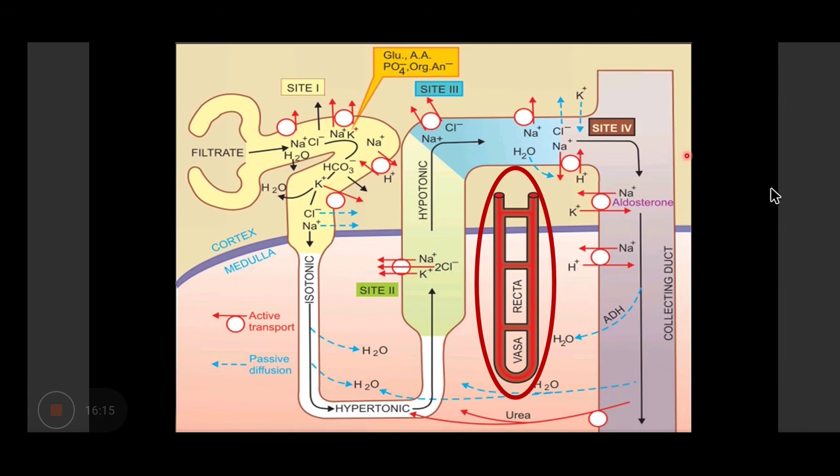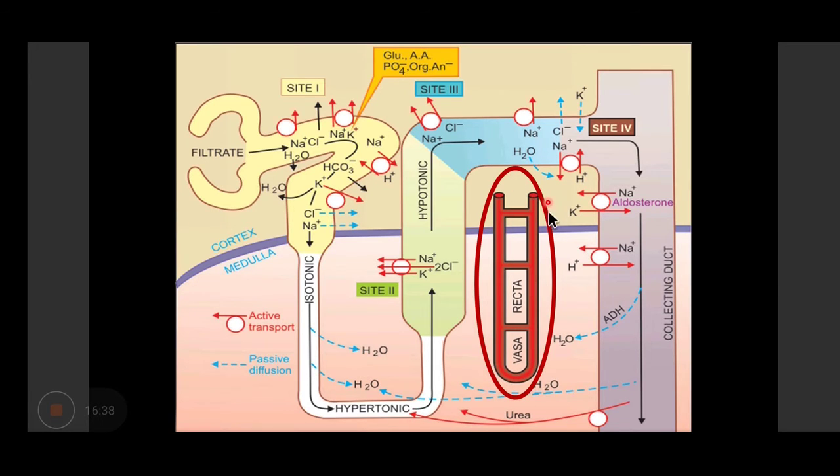Whereas as it approaches the medulla, progressively the lumen gets narrower and narrower. The diameter gets smaller and smaller, so the blood flow becomes less and less as it comes to the loop.